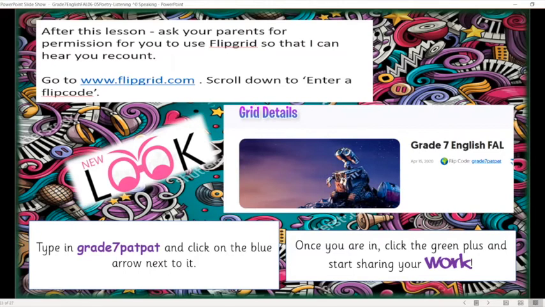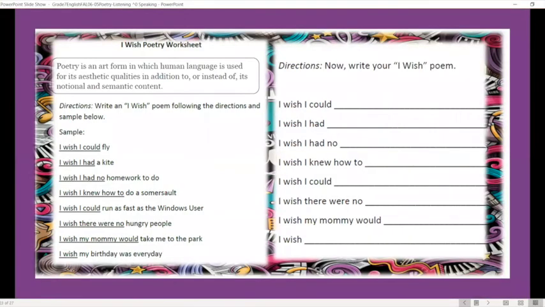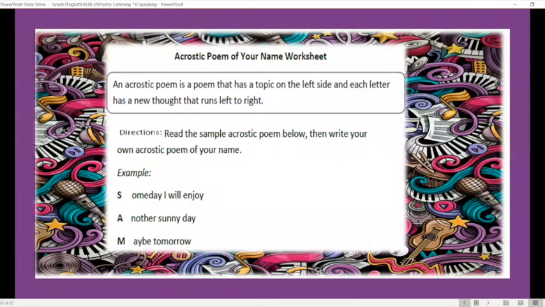Okay, so I'm still here. I haven't gone anywhere. Maybe I'll go backwards to where that poem was so that you can have a look here. Here's an acrostic poem. You can share a poem that rhymes. Oh, I'd love to see a poem that rhymes.